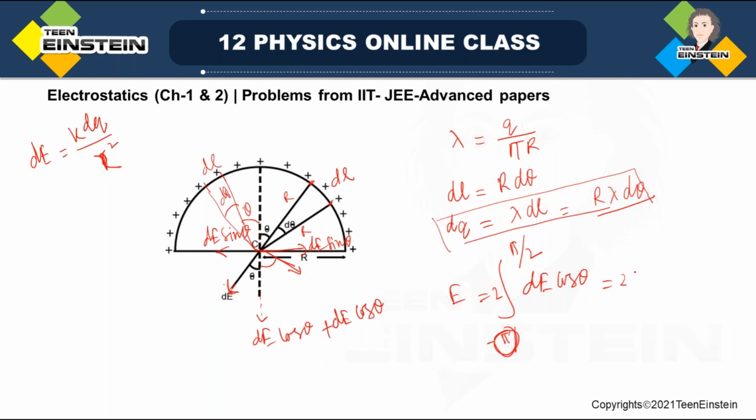So here I can write 2 into the integral from 0 to pi by 2 of k dq, where dq is r lambda d theta, divided by r square, and cos theta.